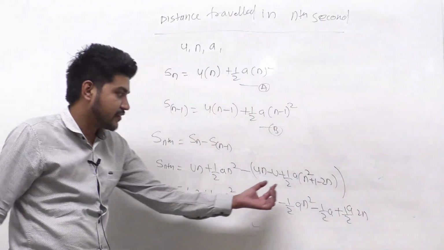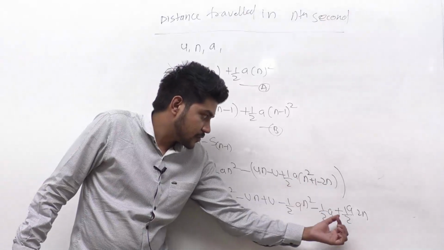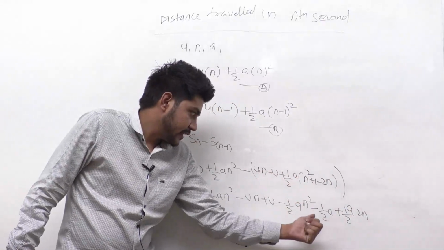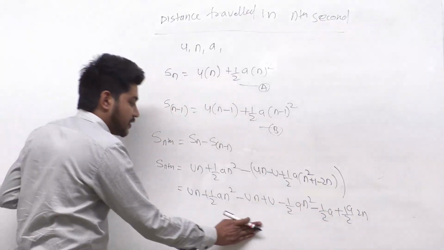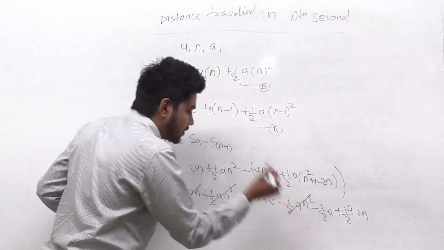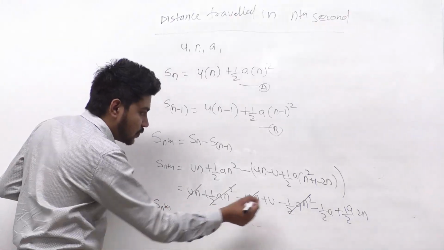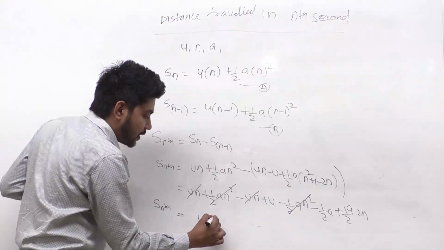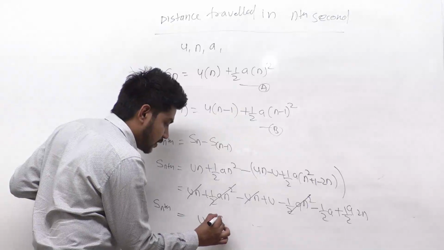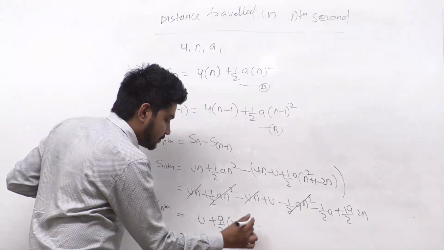I have simplified everything; the minus made half a negative and the other term positive. If I simplify this again, un will cancel out, and half a n square and half a n square cancel out. So the final formula becomes u plus, taking half of a common, a by 2 times (2n minus 1).